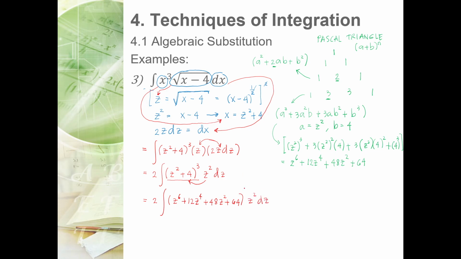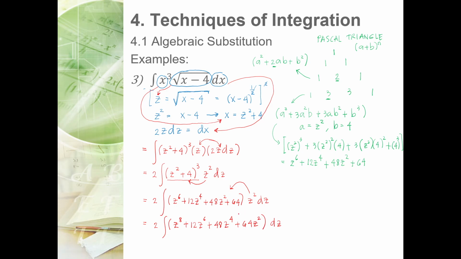This is the time that you can now multiply z squared to each term inside the parentheses. So this becomes z to the power of 8 plus 12 z to the power of 6 plus 48 z to the power of 4 plus 64 z squared dz. All right.